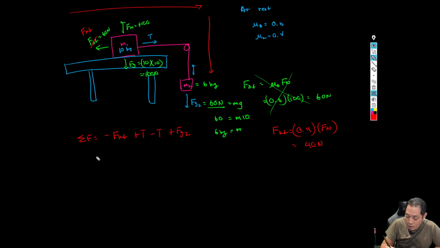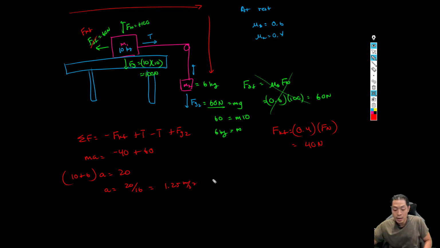Ma is equal to negative 40 plus T, negative T cancels out, plus Fg2, which is 60. The mass is of the whole system, so be careful here. 10 plus 6, A equals 20. So A in this case is 20 divided by 16, or 1.25. Okay, so hopefully that makes sense.